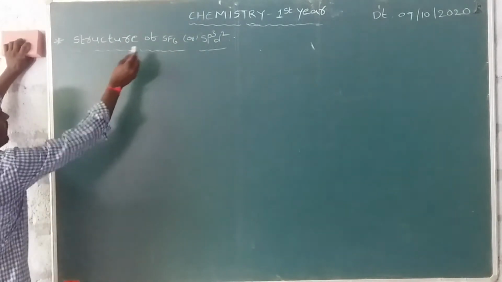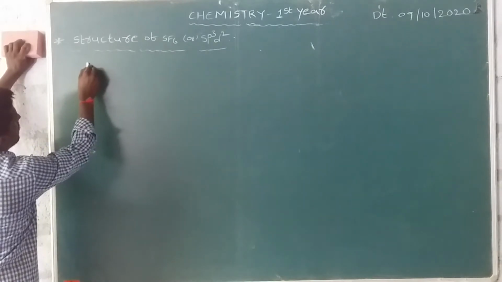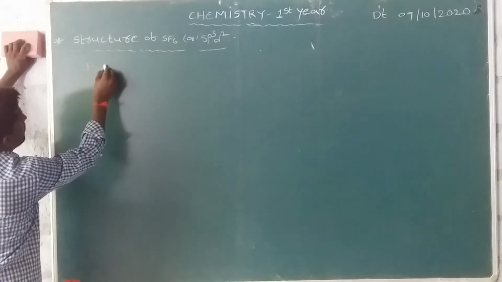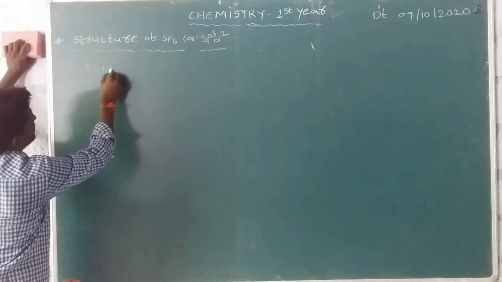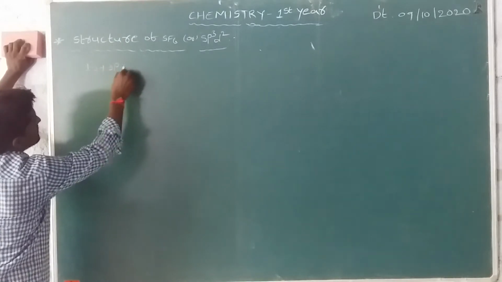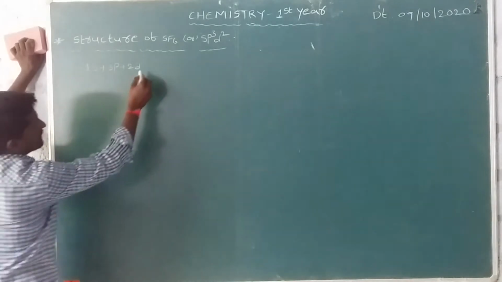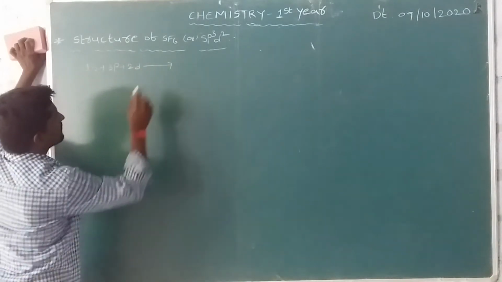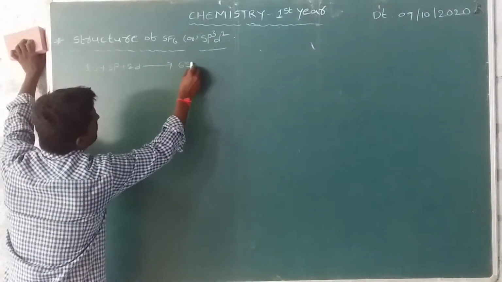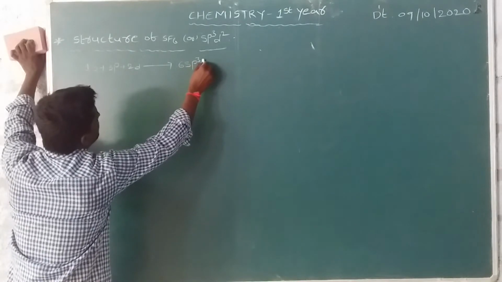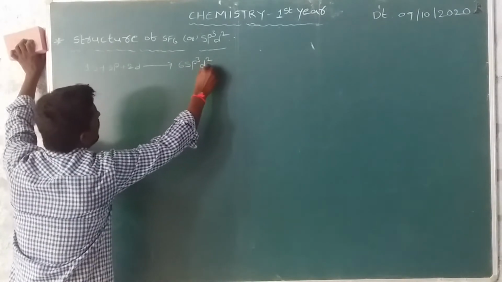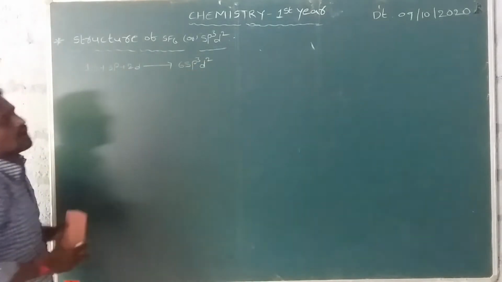First of all, how many s orbitals are involved? One s orbital, 3 p orbitals and 2 d orbitals combine to form 6 sp3d2 hybridized orbitals.